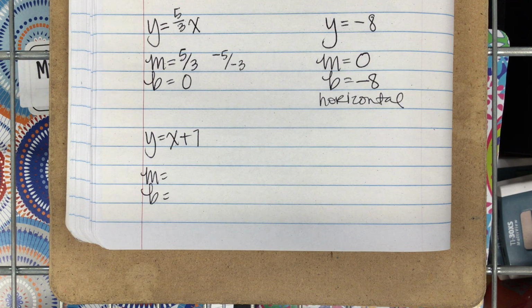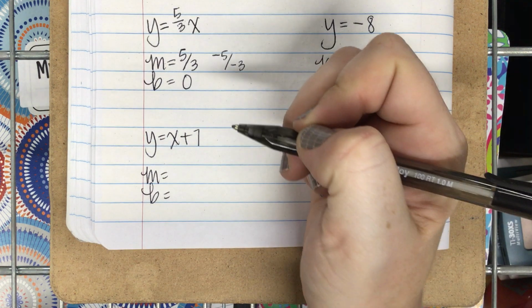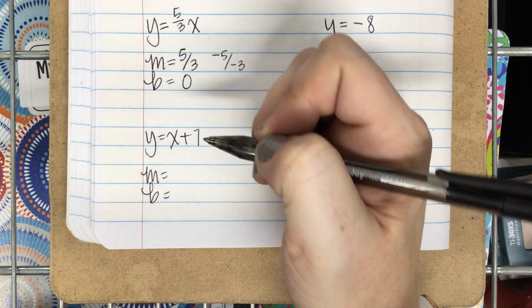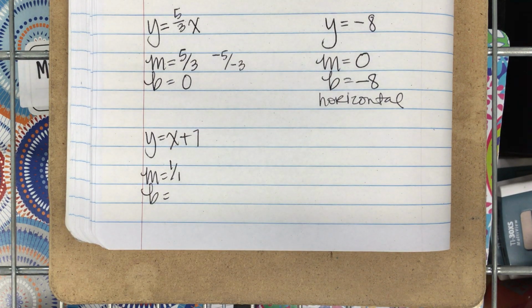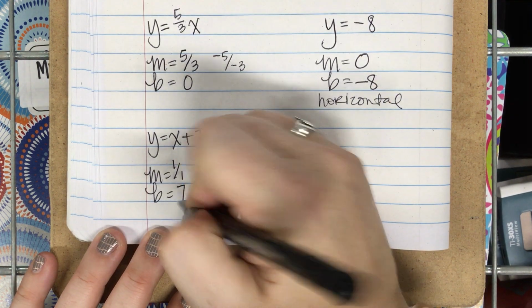What's my slope in y equals x plus 7? Sam? It's just 1x. It's 1, right? Can you make it a fraction? 1 over 1, right? Because there's 1x. What's the coefficient of x? 1. It's just not written there, right? What's my intercept? 7.